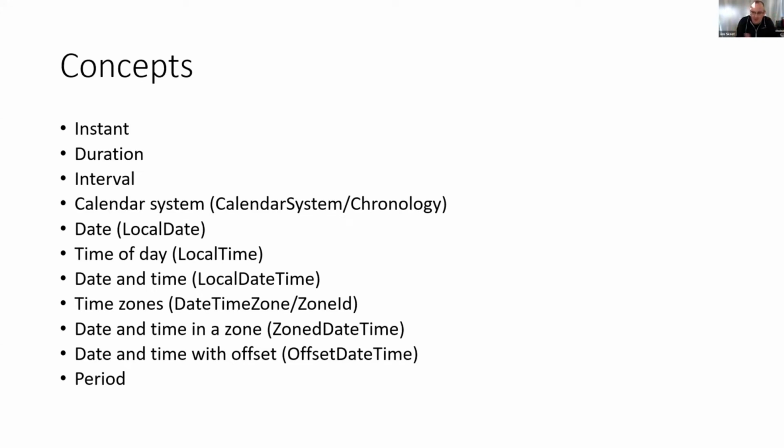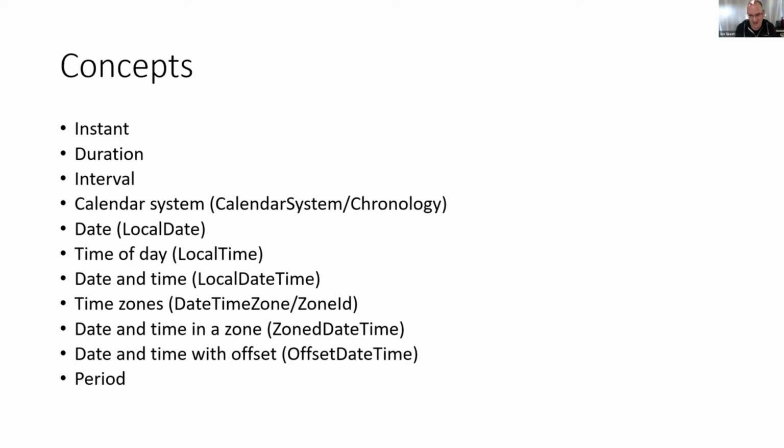But this is a bewildering set of concepts if you're used to, well, I just use Java util date and that's fine, or I just use system.datetime. And of course, there are platforms beyond Java and .NET, I'm very aware, and you may well recognize some of these and think, oh, I don't quite know how they fit.